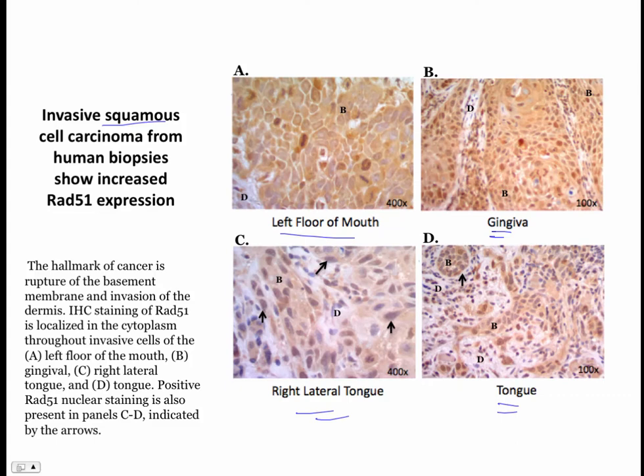Meaning that we hypothesize that an increase of RAD51 would be expressed if someone has a later stage of cancer growth. Why is that important? Well, then you can start developing treatments, drugs that target the specific protein and hopefully use that as a therapy to reduce the progression of this cancer.